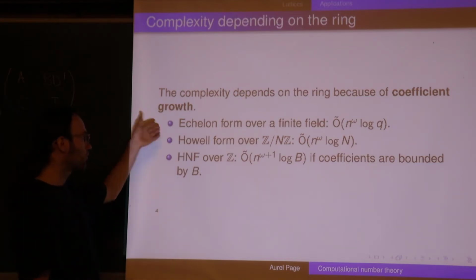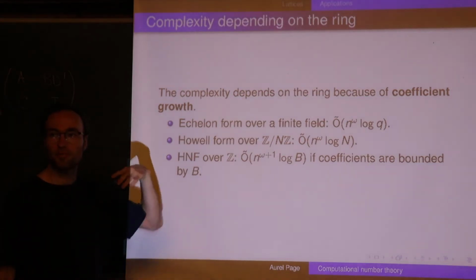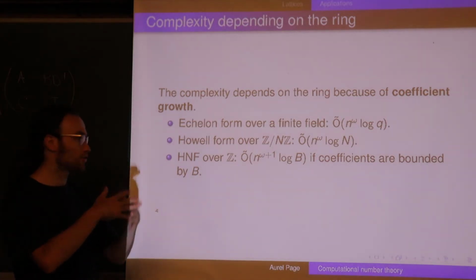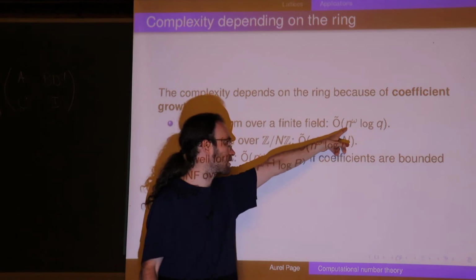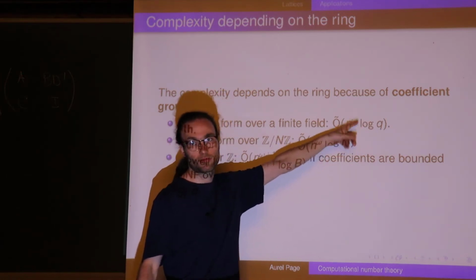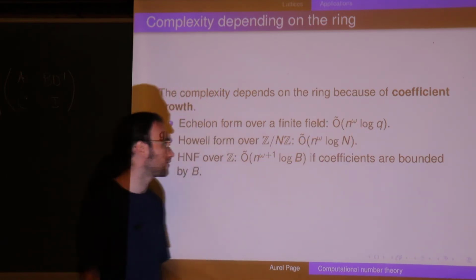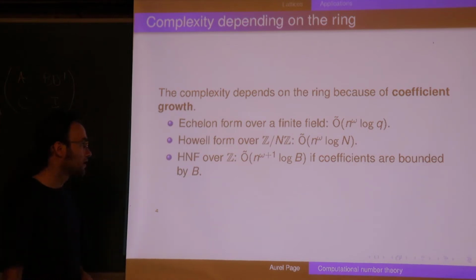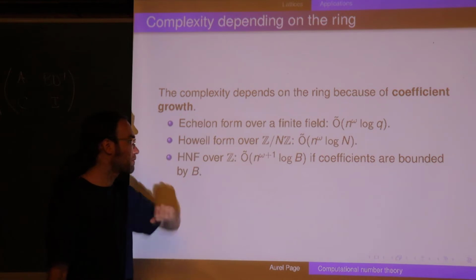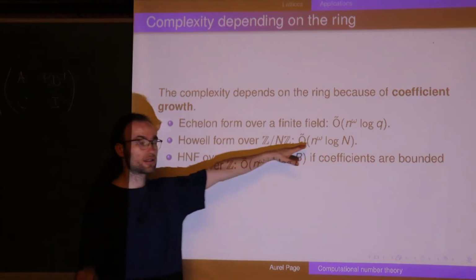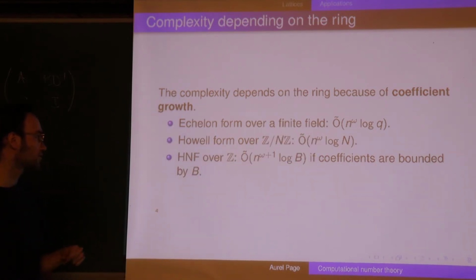So if you have a finite field, you have no problem because there's no coefficient explosion. So you just get the complexity that you expect times how much it costs to multiply elements in the field. Same over Z mod NZ. It's actually not a problem that it's not a field. So you just take into account the size of coefficients.